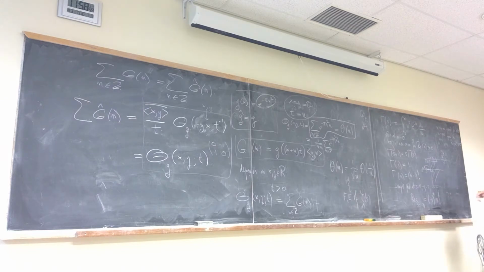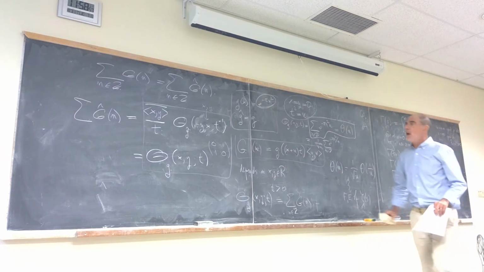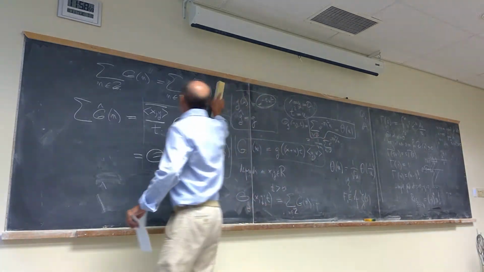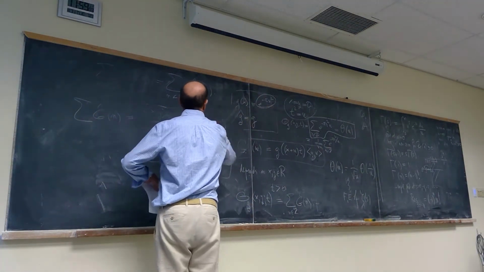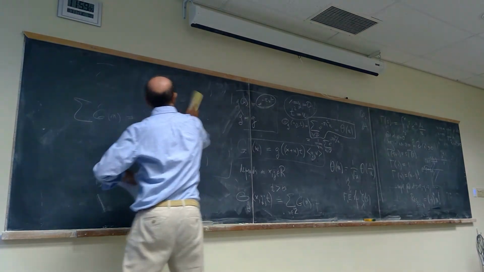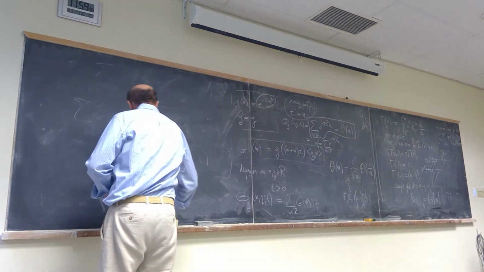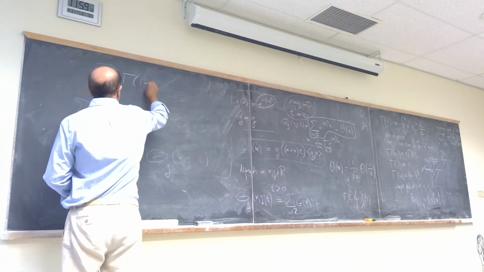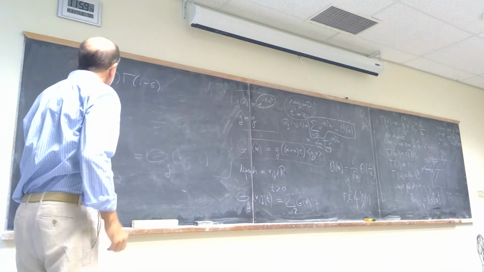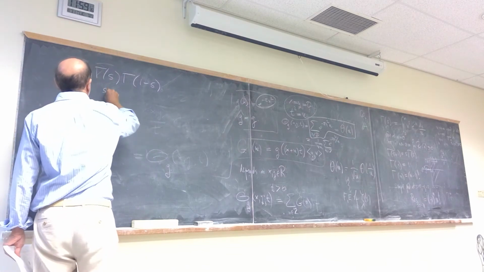Okay, and Euler made one more observation, which is going to be helpful to us. And that is that if you multiply gamma of s times gamma of 1 minus s, you found a function that now had a simple pole at all integers.